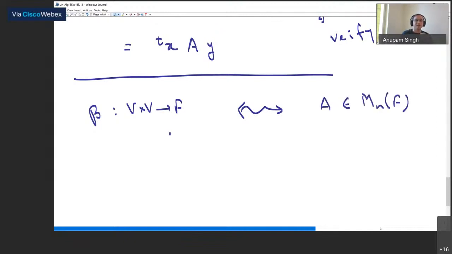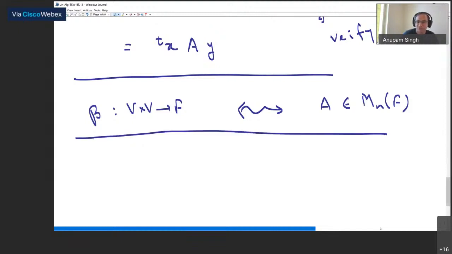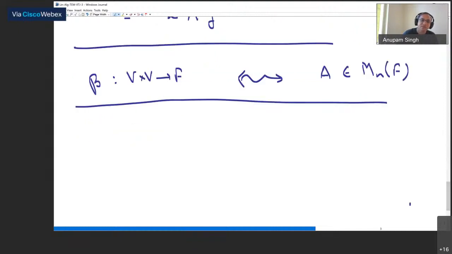So given a bilinear form beta here, if I fix a basis, I get a matrix of size n by n. Given any matrix of size n by n, I wrote it as an example that we can define a bilinear form on an appropriate vector space of dimension n, right? So this is a nice one-to-one association.